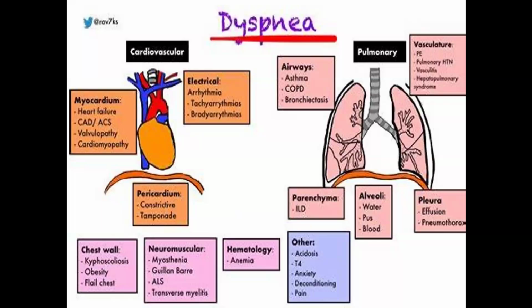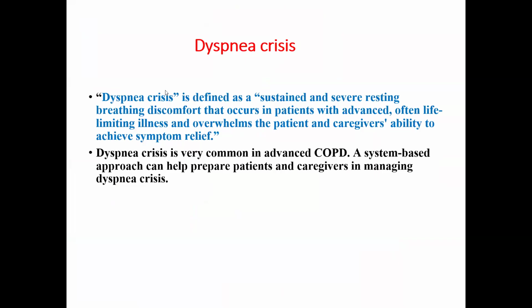What's more important for us is the dyspnea crisis, which is basically defined as sustained and severe resting breathing discomfort that occurs in patients with advanced, often limiting illnesses, and overwhelms the patient and caregivers' ability to achieve symptom relief.